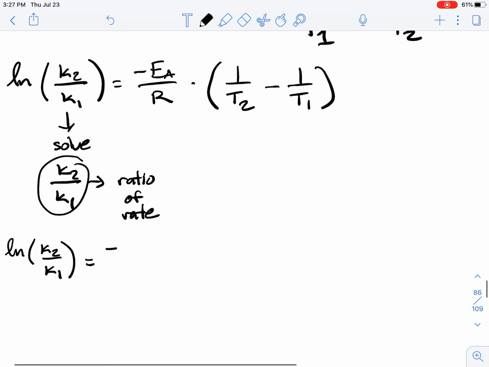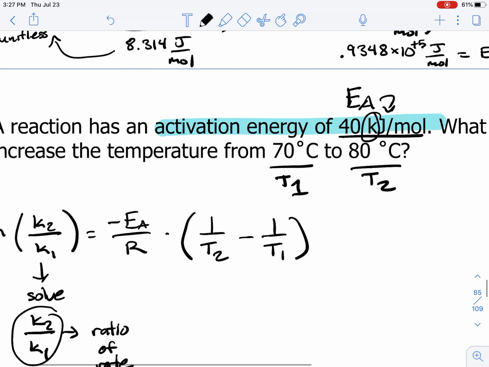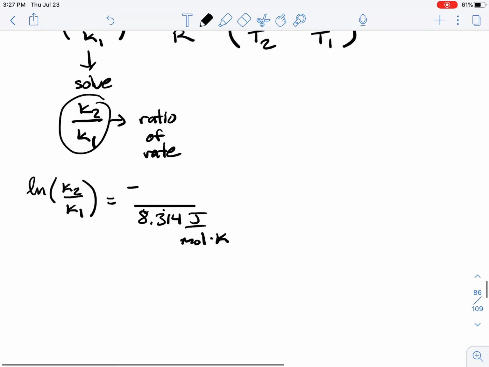So remember that R is 8.314 joules per mole Kelvin. And so for you to incorporate this 40 kilojoules, you need to expand that to 40,000 joules per mole. So that way, these units will cancel.